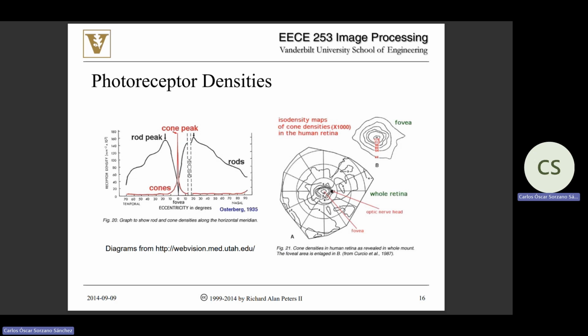We have mostly cones. It is not that we have 0 cones everywhere else, but we have many less. And the rods are distributed away from the fovea. And here we have this blind spot, that is where the optic disc is. Any question?